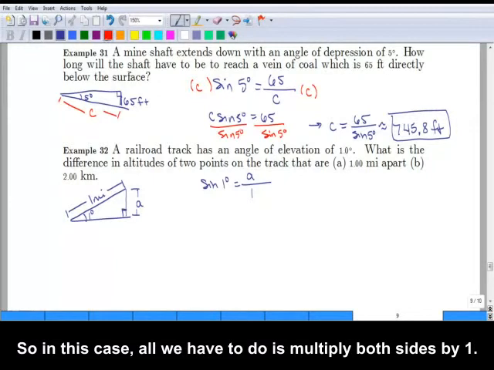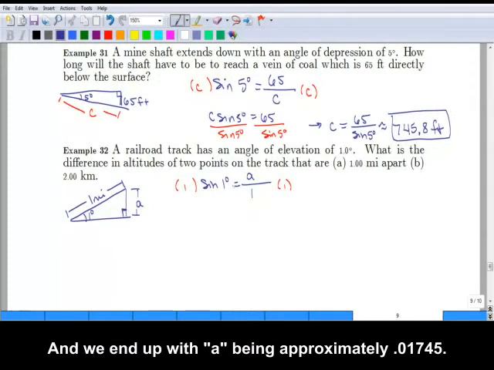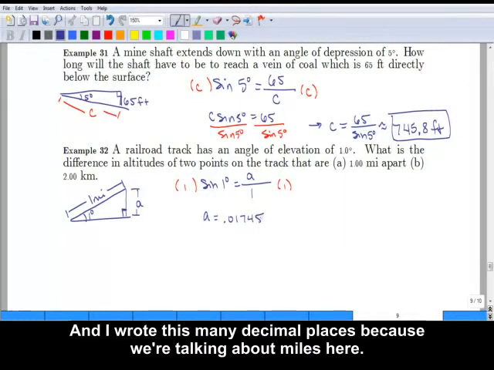So in this case, all we have to do is multiply both sides by 1, and we end up with A being approximately 0.01745. And I wrote this many decimal places because we're talking about miles here.